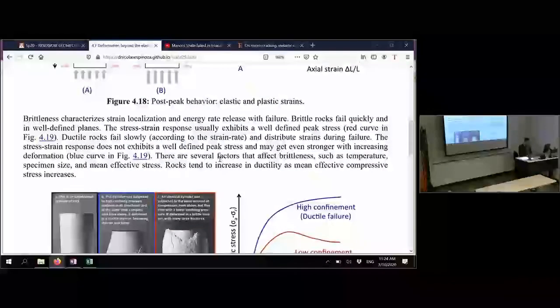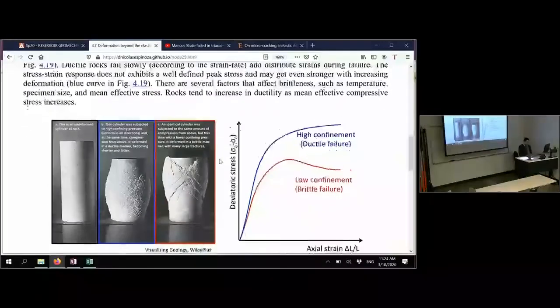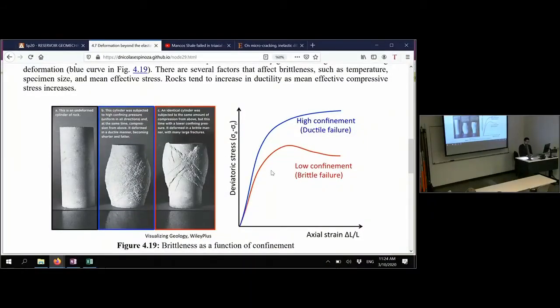What is very important to know is that how that deformation takes place and how that failure takes place also depends on the level of confining stress or on the mean stress.